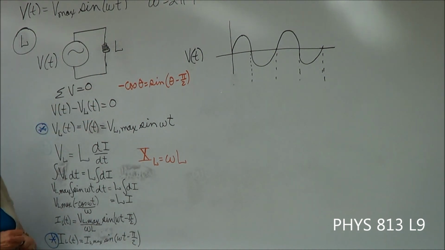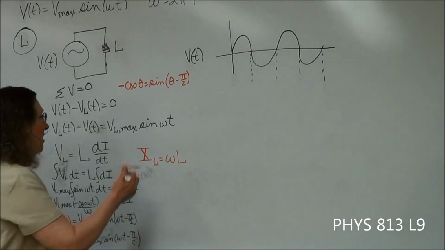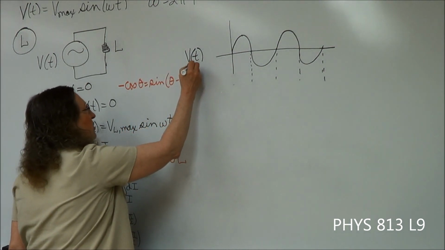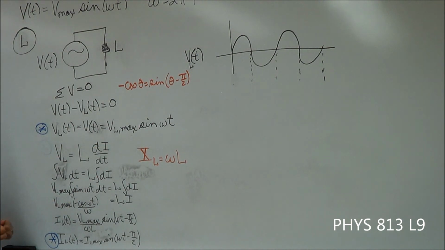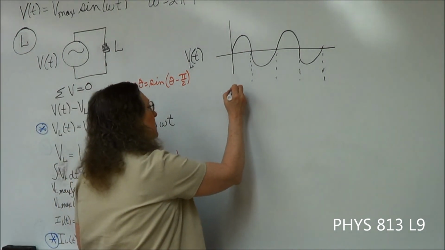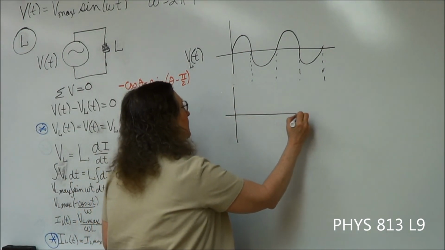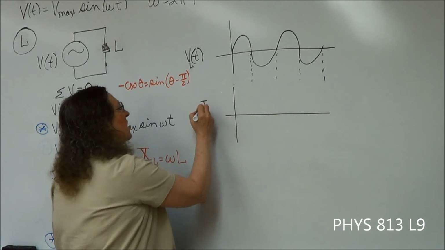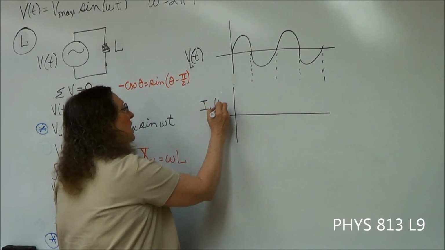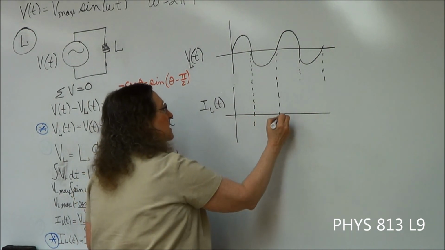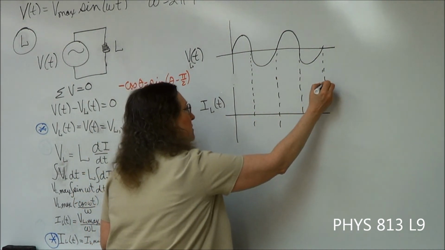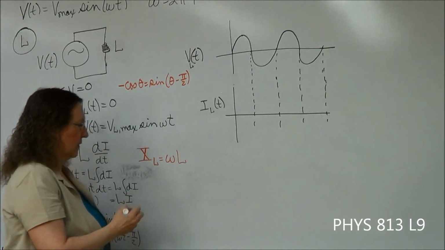So we have our voltage graph for the inductor. And remember that that has stayed the same. Now we're going to draw our current graph underneath that. So we have I of the inductor as a function of time. We're going to extend these dotted lines down here so we can line things up.